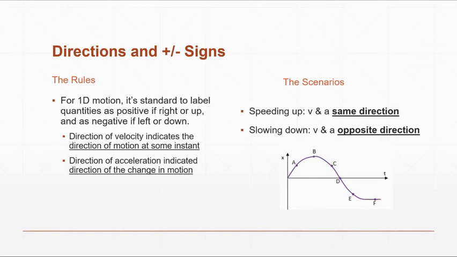And you'll realize in the next full unit that your acceleration is in the direction of a force that's acting against you to slow you down, or to change your velocity. So if something is speeding up, velocity and acceleration are in the same direction. If something is slowing down, velocity and acceleration are in opposite directions.